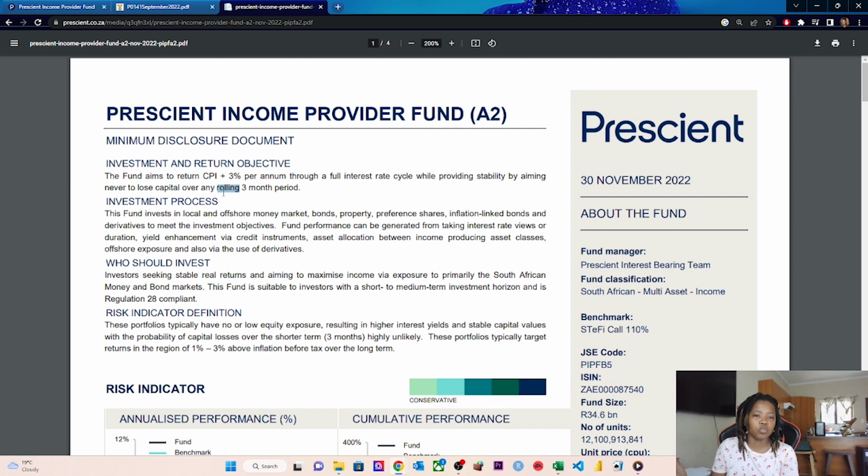Otherwise, I might as well put my money under my mattress. So what CPI tries to do is it tries to see if a loaf of bread was 20 Rand today, and next year the same loaf is 25 Rand, my money must also grow so that I can buy the same number of loaves of bread. Do you understand? So this fund is basically not just giving you CPI flat, but CPI plus 3%.